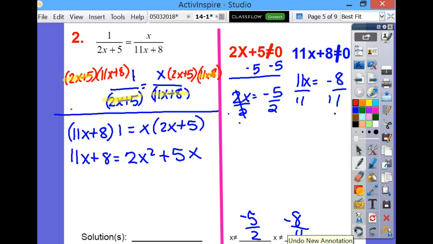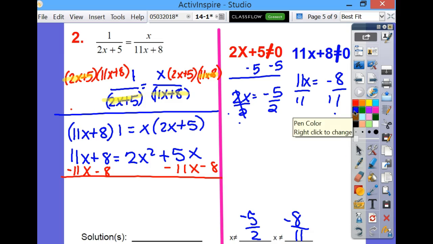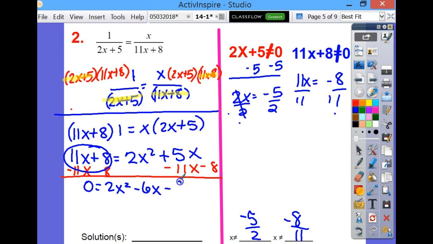It means that I need to subtract this from both sides of the equation and subtract this from both sides of the equation. And now, what is this going to be equal to? 5 subtract 11 would be a -6.